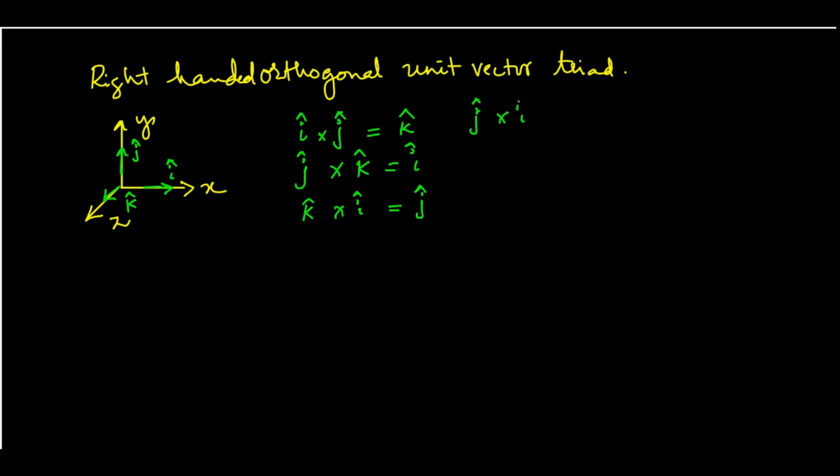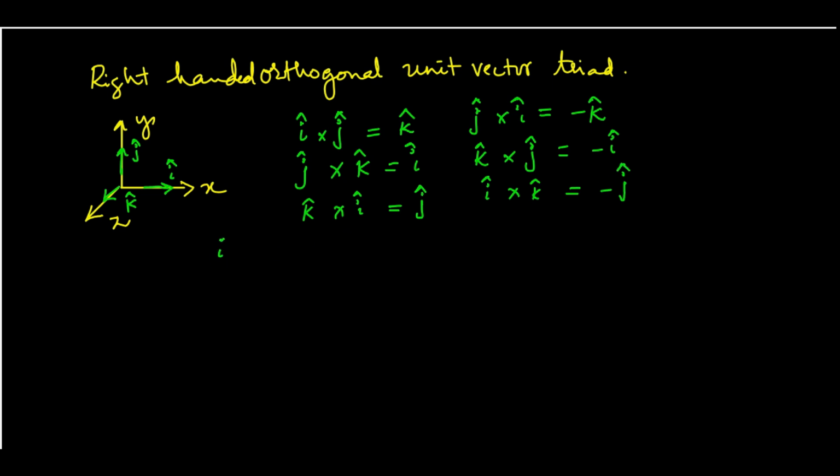Now j cap cross i cap is minus k cap. If you start from j and go towards i, your thumb will be pointing towards the negative z-axis, so your result will be minus k cap. And k cap cross j cap is minus i cap, and i cap cross k cap is minus j cap.